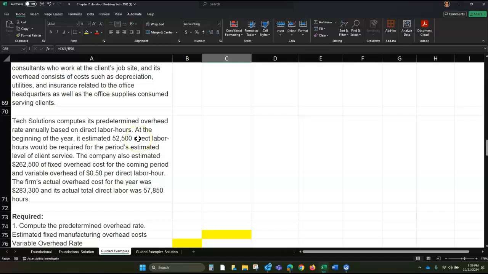The firm's actual overhead cost for the year was $283.3. Now again, stop and think about that one. Don't shift gears. $262 is fixed overhead. The $283.3 is fixed, variable, or both? Both.